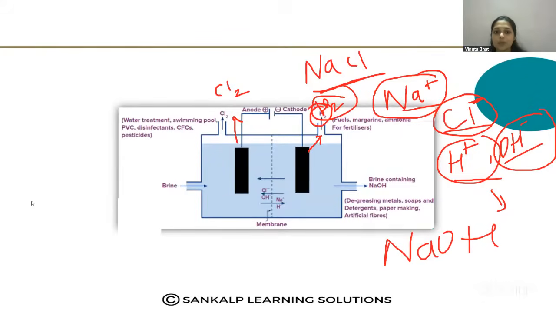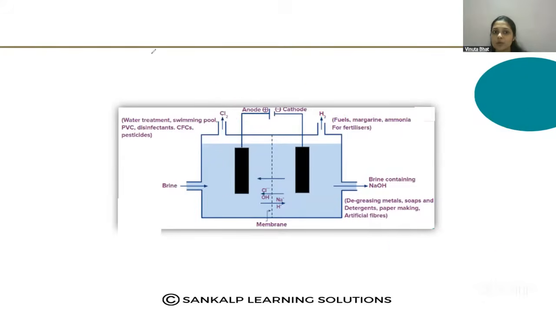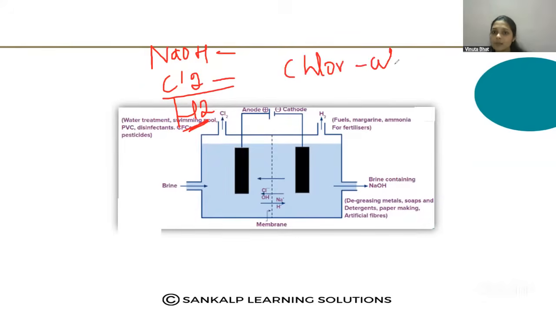In this process, sodium hydroxide is produced, and chlorine gas as well as hydrogen gas is produced. Sodium hydroxide is the alkali and chlorine is the gas. So this process is called the chlor-alkali process.